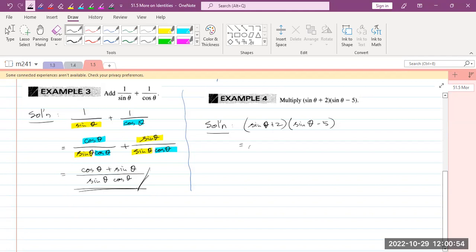First times first gives us sine theta times sine theta, that's sine squared theta. The outers, sine theta times minus 5 is minus 5 sine theta. The inners, 2 times sine theta, that's 2 sine theta. The lasts, 2 times minus 5 is minus 10. Now combine like terms in the middle, you get sine squared theta minus 3 sine theta minus 10. That's for example 4.